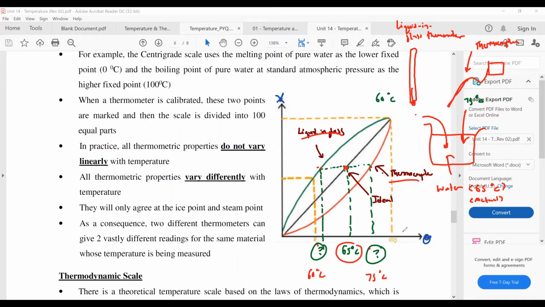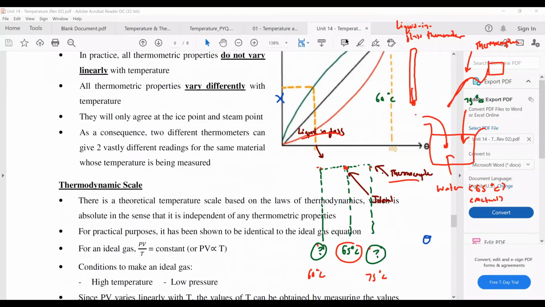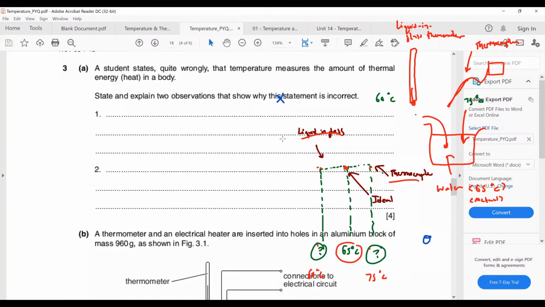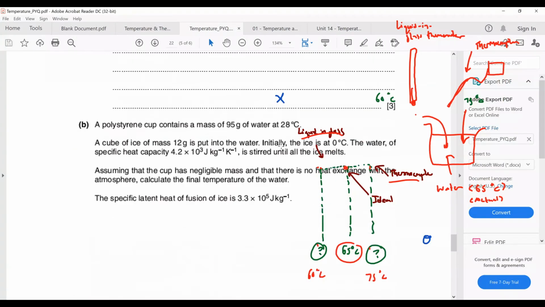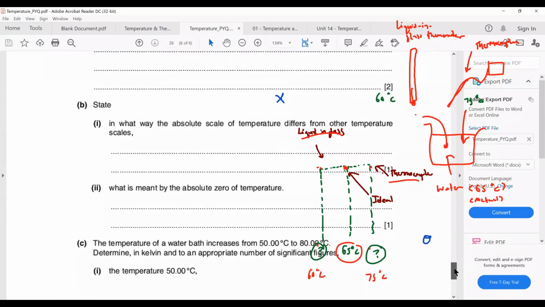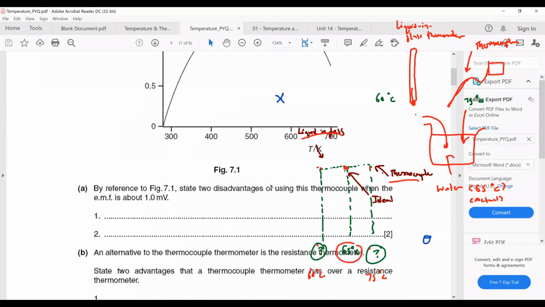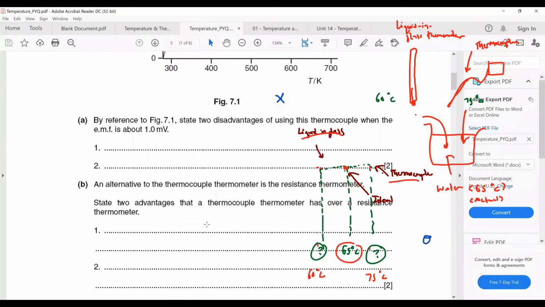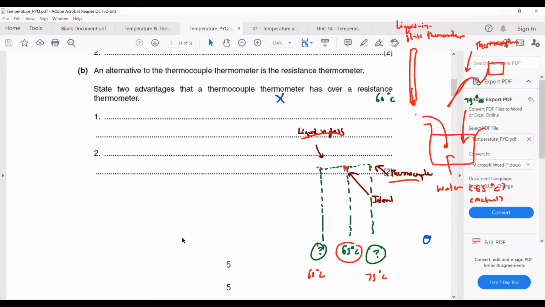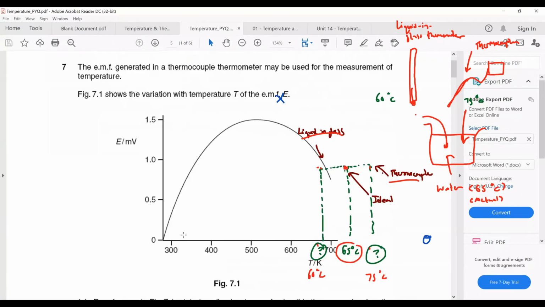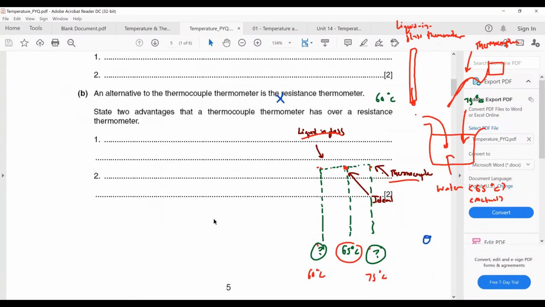Alright. So that part, just leave it first. Then let's do the other questions. There are some questions here that you can do already. Okay, like this one. Look at page 5 of the other worksheet. It's actually page 5.